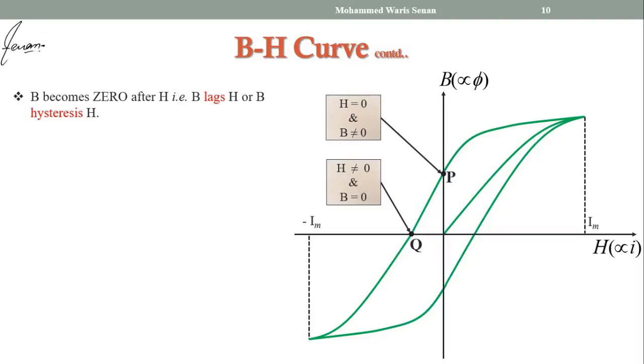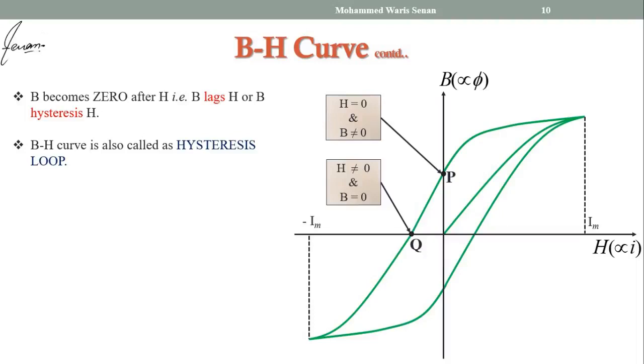That is the only reason why this loop is called the hysteresis loop. It's a closed loop, a closed path, and it is called a hysteresis loop because B lags H in this case.